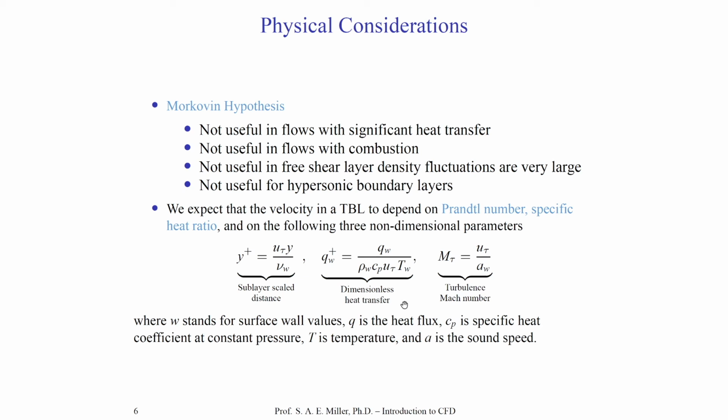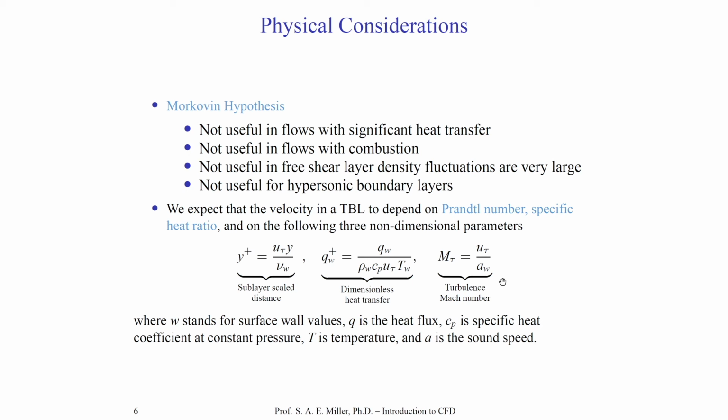Let's first talk about the dimensionless heat transfer. The first is the heat transfer through the wall. In the denominator, we have the density at the wall, C sub p, which is the constant specific heat, the friction velocity at the wall, and the temperature at the wall. So we've created another non-dimensional number. The third non-dimensional number is the turbulent Mach number. This is not our classic Mach number where we just take the free stream velocity divided by the free stream speed of sound to find the global Mach number.